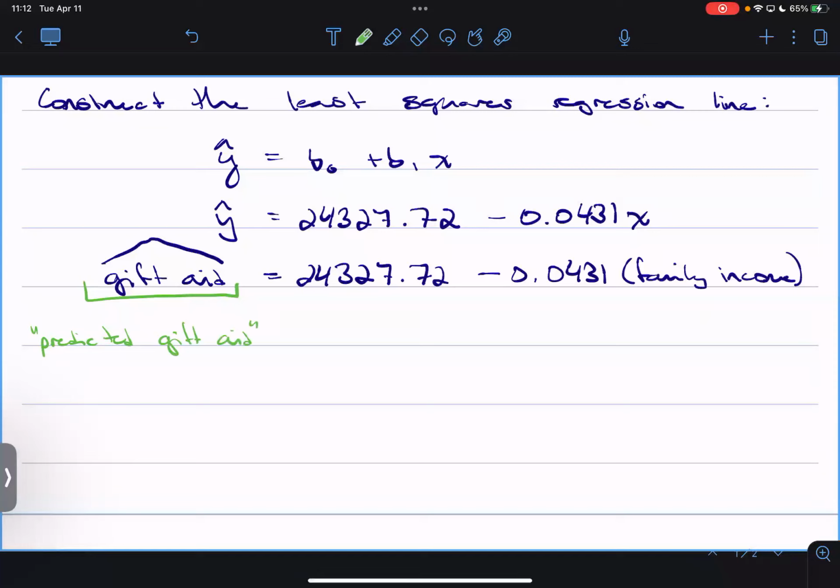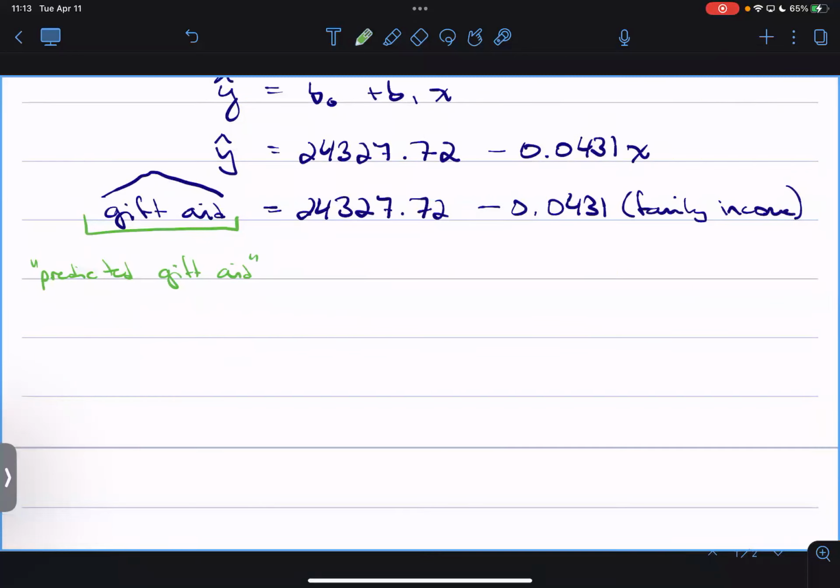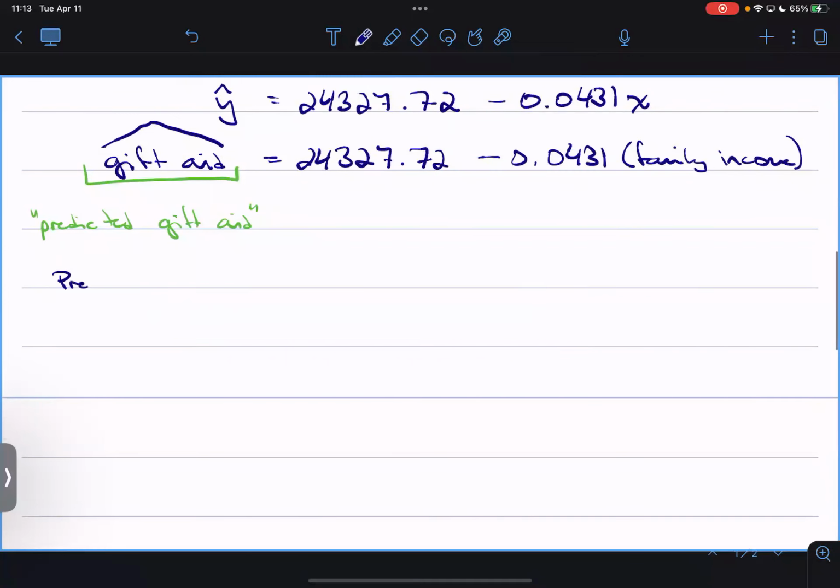And now what we can do is put in some family income, and then we can do this calculation relatively easily with a calculator, obviously. Then we have the predicted gift aid, right? And so let's predict the gift aid.